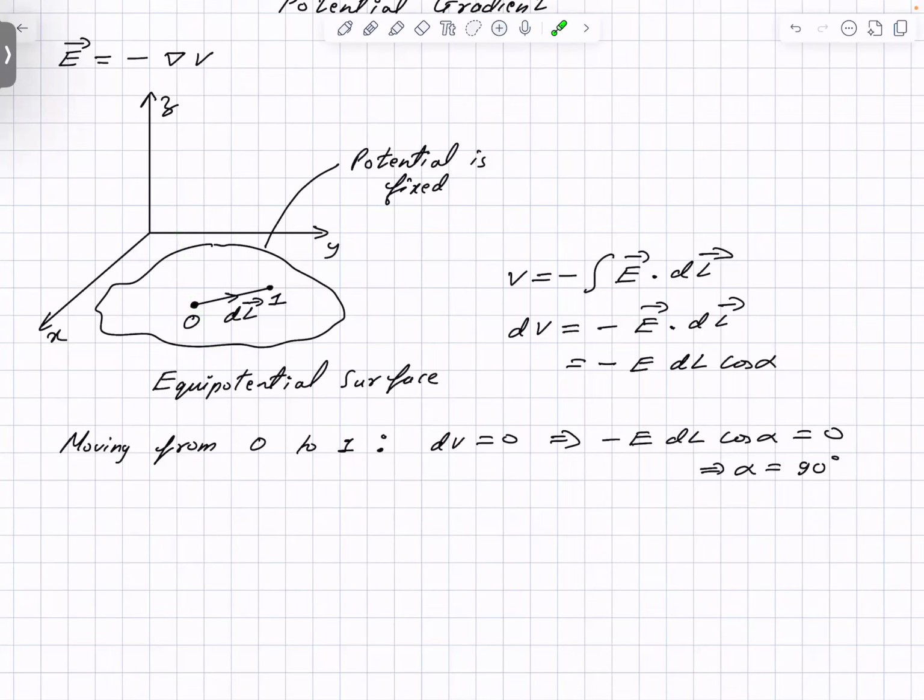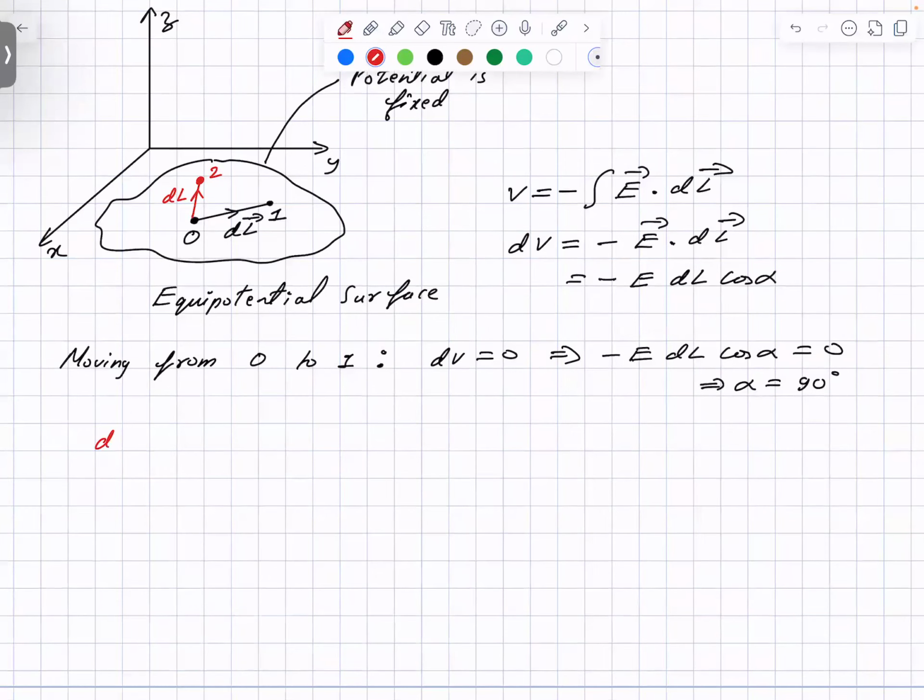But what we're going to do next is consider some other point on the same equipotential surface. Let's say this is point 2, so that we have a different dl this time. Again, if we evaluate the potential difference, dV equals minus E times dl cosine alpha, that is still 0.